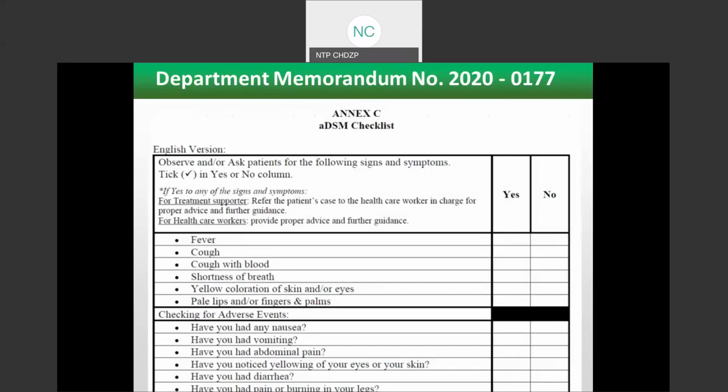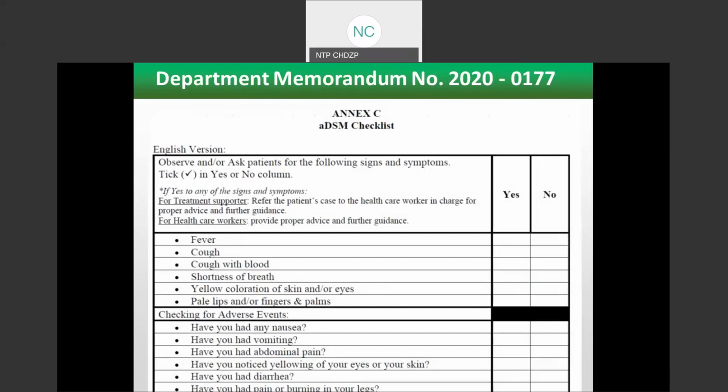If yes to any of the signs and symptoms, the treatment supporter should refer the patient's case to the healthcare worker in charge for proper advice and further guidance. And for healthcare workers, provide proper advice and further guidance. So we have here fever, cough with blood, shortness of breath, yellow discoloration of skin and or eyes, and pale lips and or fingers and palms.